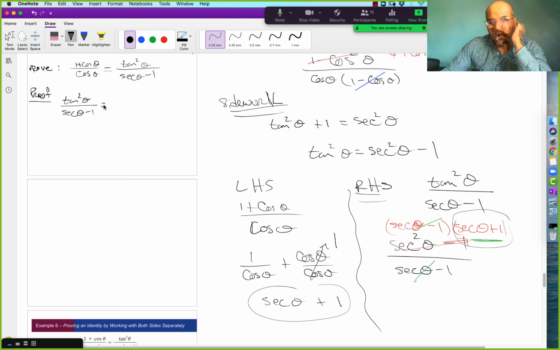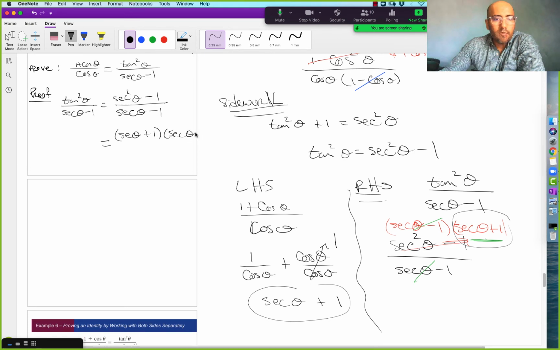Okay, so this is equal to secant squared theta minus 1 over secant theta minus 1, which is equal to secant theta plus 1 times secant theta minus 1 over secant theta minus 1. Good. So now this cancels with this, which then just gives you secant theta plus 1.